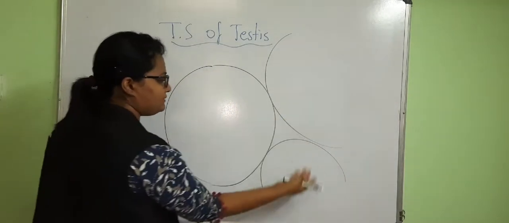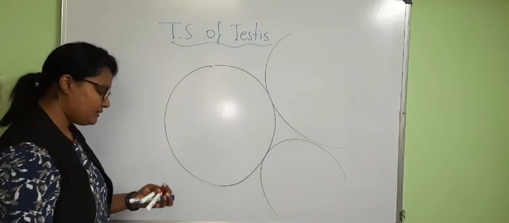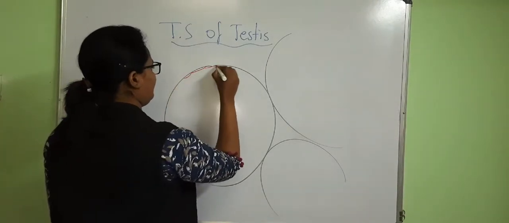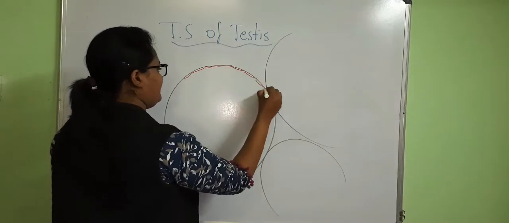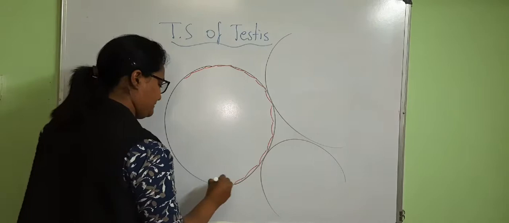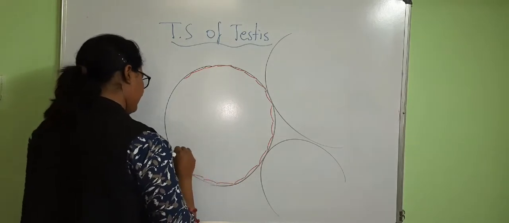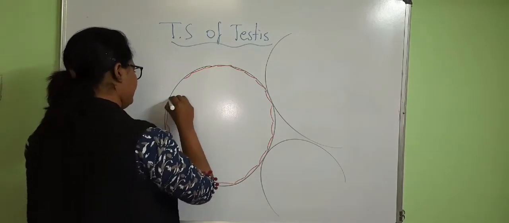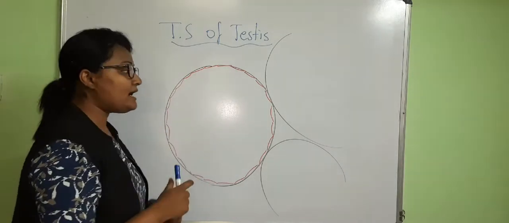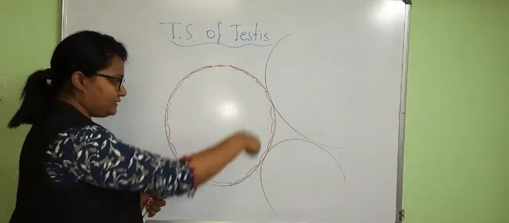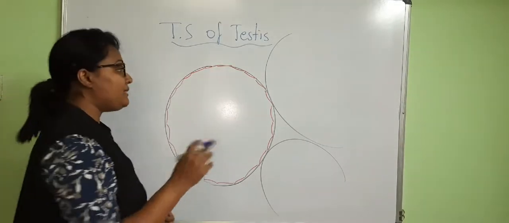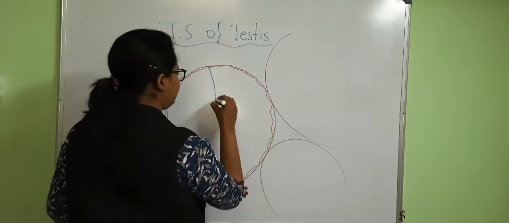So these are seminiferous tubules which are lined by a basement membrane, and the inner lining of seminiferous tubules is made up of 2 types of cells.